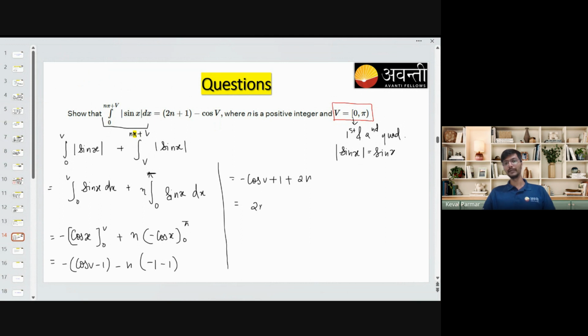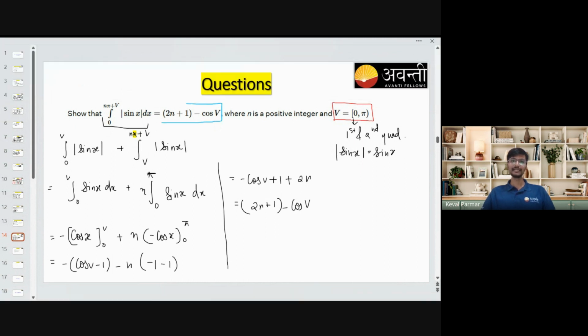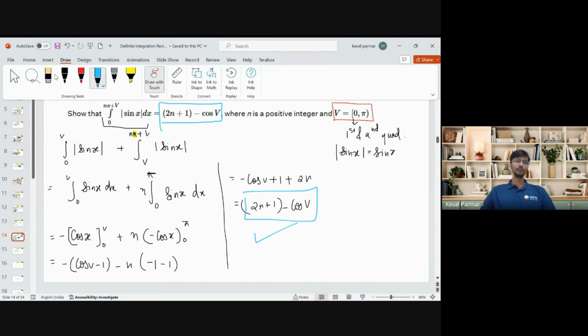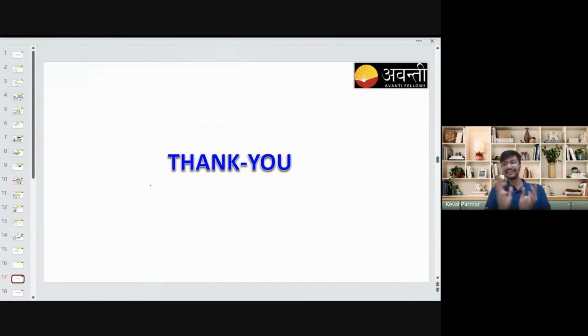I can write 2n plus 1 minus cos v. This is the same thing that we needed on the right hand side, as you can see. This means it is hence proved. This is how we use the property of periodic functions.